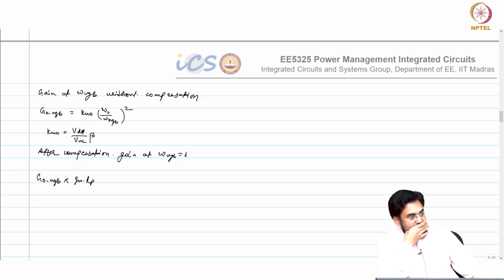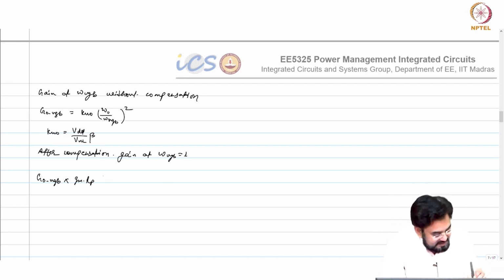Which 0? Second 0, first 0? Second 0. The first 0 will cancel the integrator. So that is already incorporated here by having GM into RP. Okay, that is your mid-band gain. Then you have a second 0. So how much gain will the second 0 introduce?